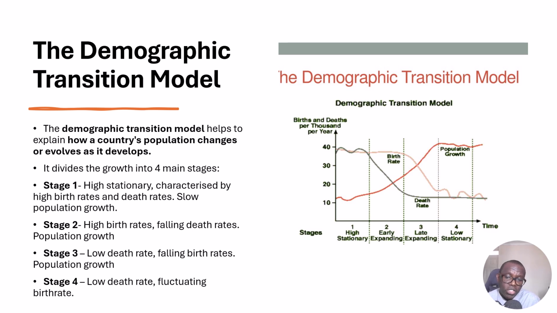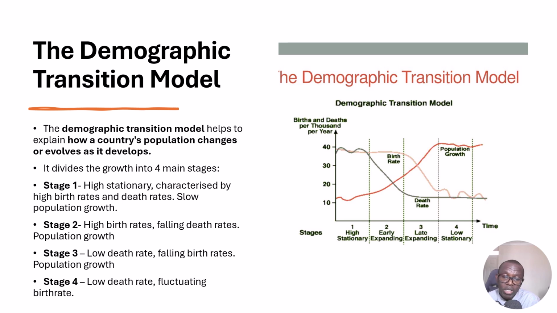The suggestion here is that the country now has very good healthcare provision, and as a result, the death rates are low. As far as the birth rates are concerned, the country is likely now to have better contraception available to more people, meaning that the birth rates will go down.